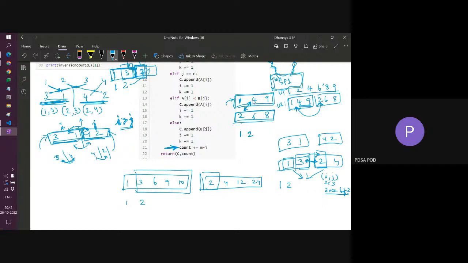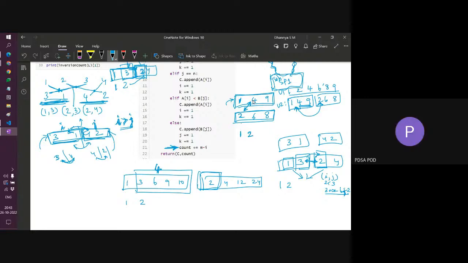Is that clear? Yes, ma'am. So this count 4 is the number of inversions that I'm going to get with 2. So I'm just getting the count of 4 in a single statement.